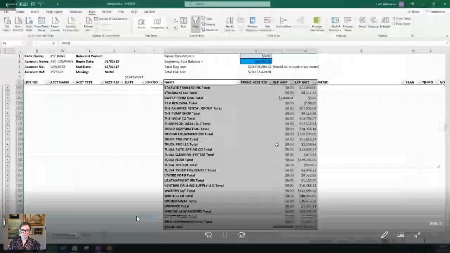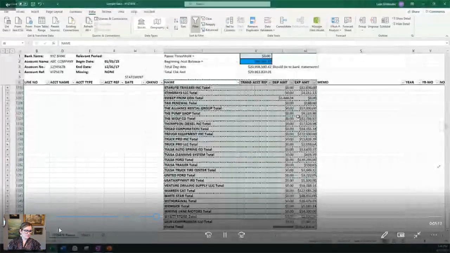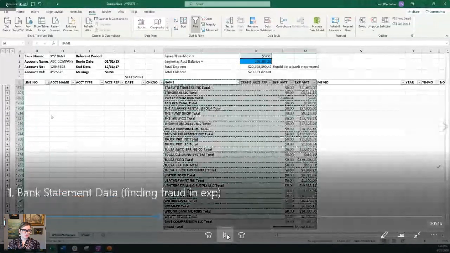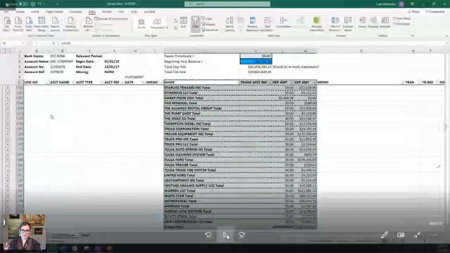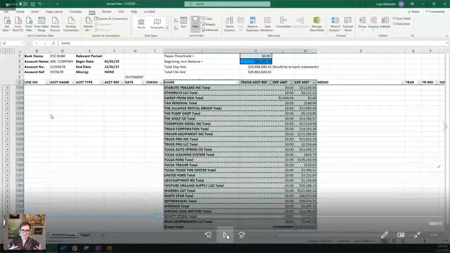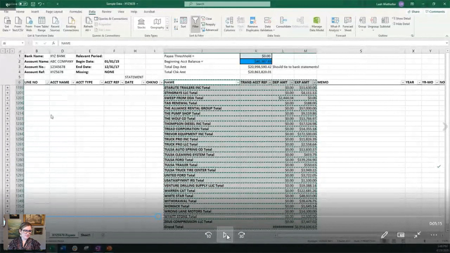Another way you can do this is by combining your vendor list with your bank statements and looking for anomalies, which can help you narrow some of this down.